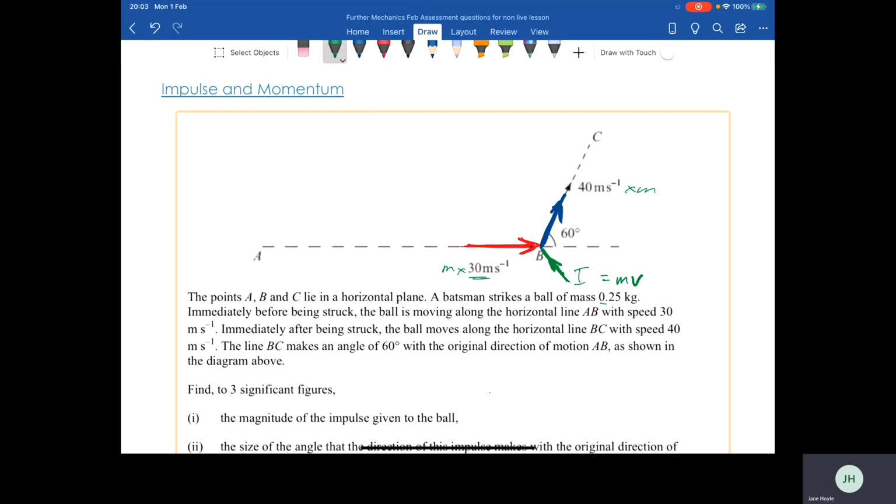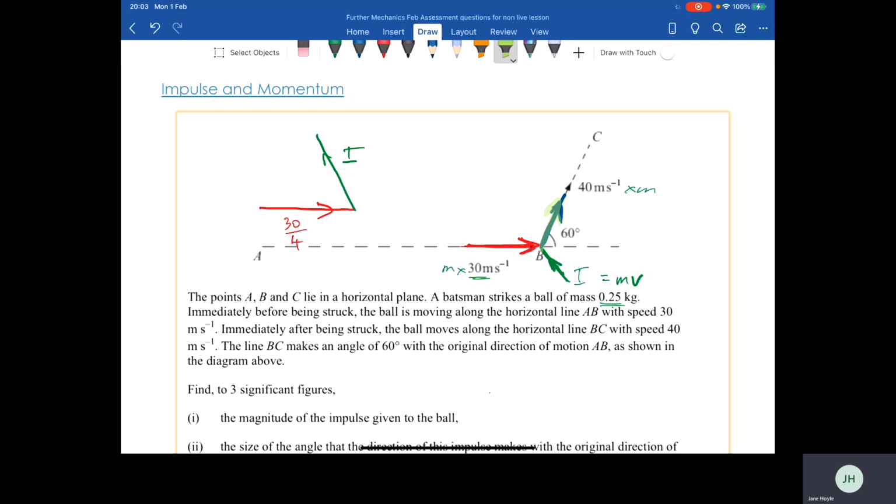And I think we know what the mass is: the mass is equal to 0.25. And you know that that initial mv, which is 0.25 times 30, so 30 over 4, together with the impulse I along there, those 2 vectors together are going to give rise to this velocity here.